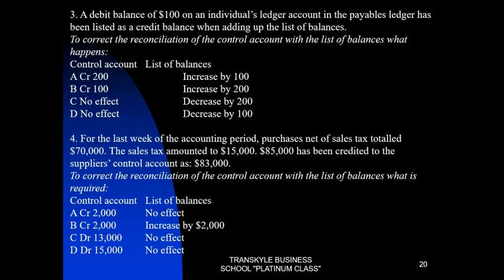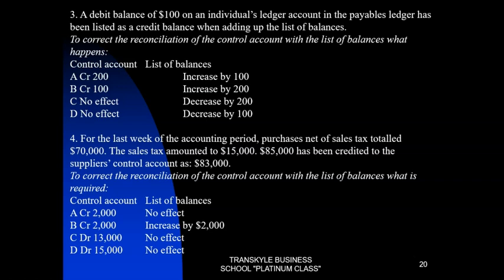Now, this question is saying a debit balance of $100 on an individual's ledger account in the payables ledger has been listed as a credit balance when adding up the list of balances.